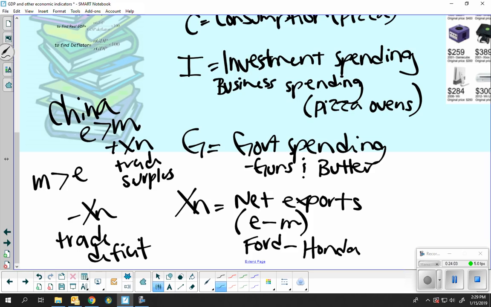We used to have a trade surplus, and oil got too expensive. Hopefully I didn't completely screw people up there. I was just trying to make a point that XN could be a positive or a negative number depending on how much you are importing and exporting. Is this 10 minus 8 or 8 minus 10? So it could be positive, could be negative.